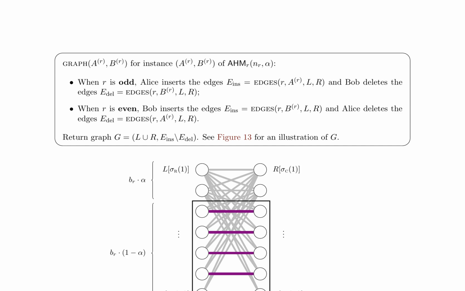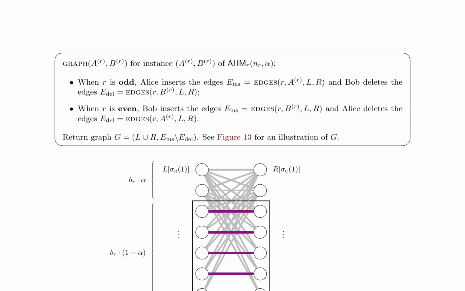Figure 13 illustrates the construction of G, where the nodes on the left and right correspond to vertex groups L_{I} and R_{J}, for each I, J element of B_R, and are ordered after applying the permutations sigma_R and sigma_C, respectively.